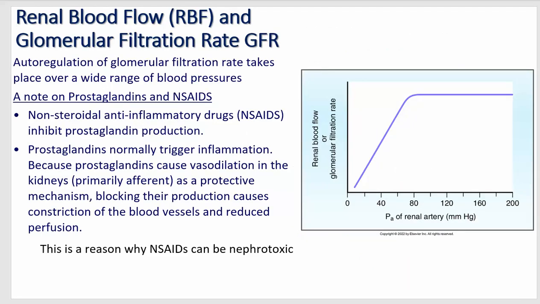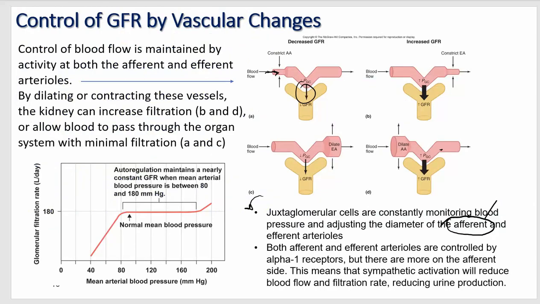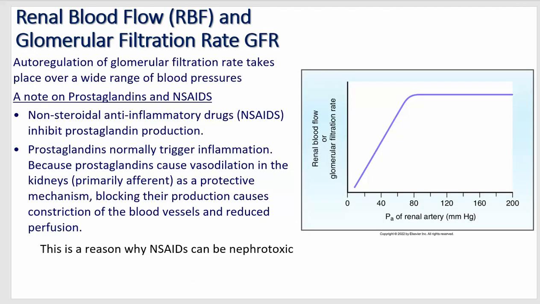Renal blood flow and glomerular filtration rate are constant over a range. I've got a couple of slides that show the same thing. I just showed this one a couple of slides before, but it's the same concept.